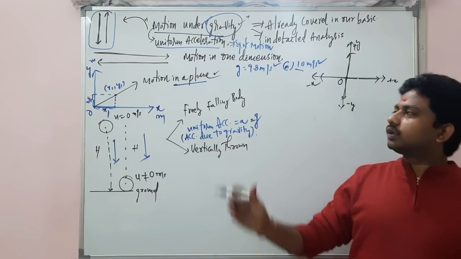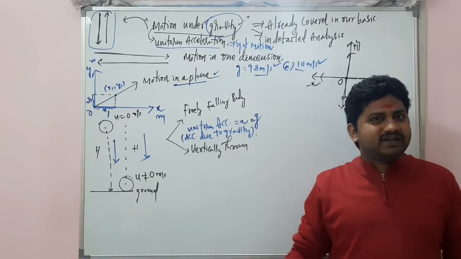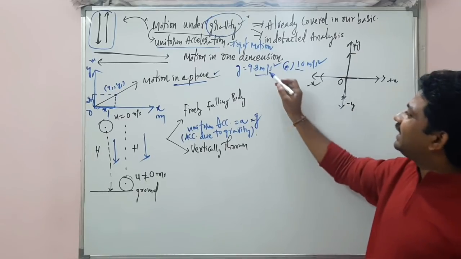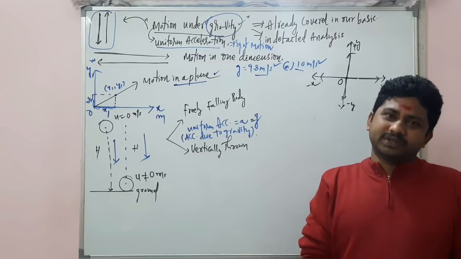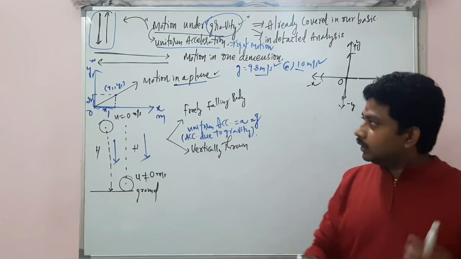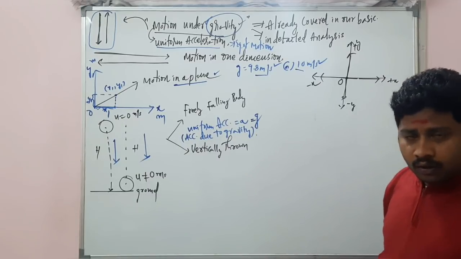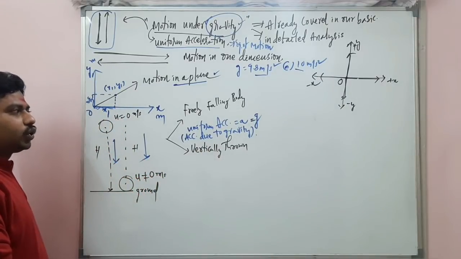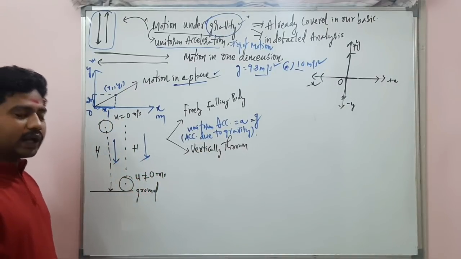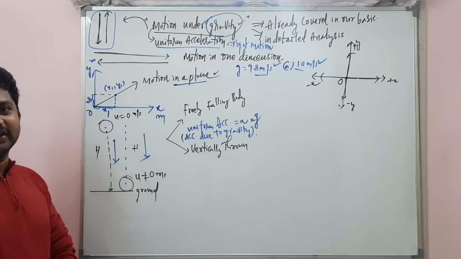If they ask you to take 9.8, take 9.8. If they have not mentioned anything, take any value which is closer to your options. That's it. Now, for the freely falling case and the vertically thrown case, we are going to write the equations of motion in both the cases.